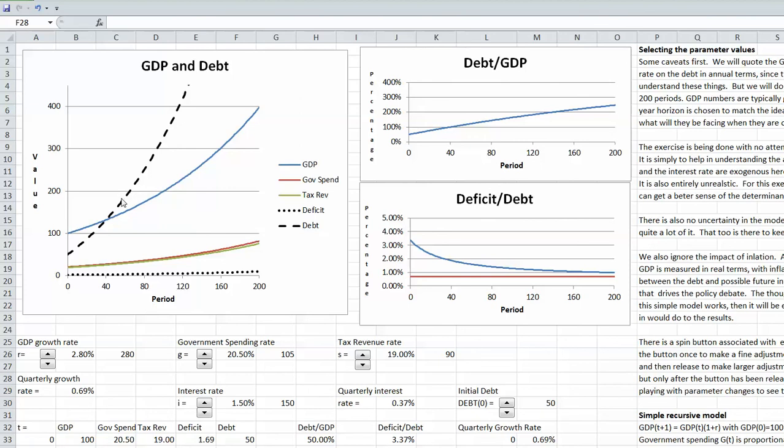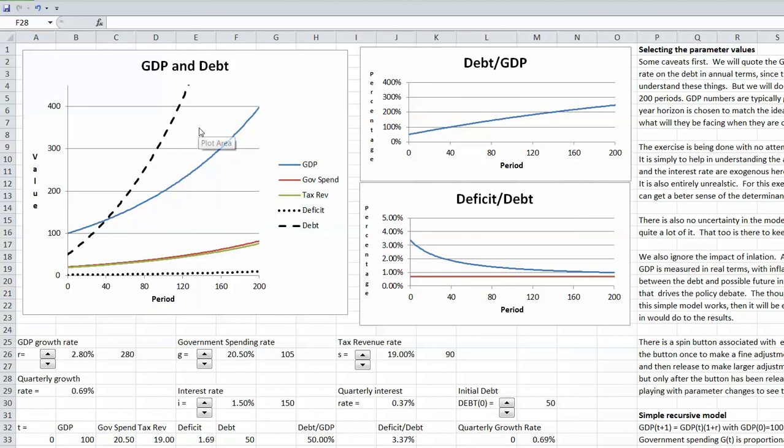And the reason that's true at the current levels is the rate of growth of the debt is the deficit to debt ratio, and the rate of growth of GDP, this is the quarterly growth rate here. So the debt is growing faster than GDP throughout, and so that's why you have the picture as you do.